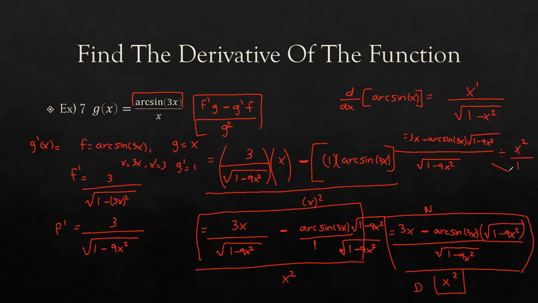And then you cross multiply, so this is going to be 1 times that, that is 3x minus arc sin of 3x over, and then if you cross multiply this, it would be x squared square root of 1 minus 9x squared.